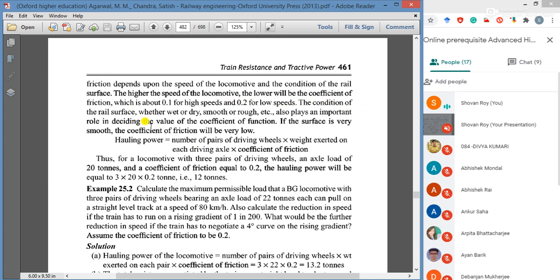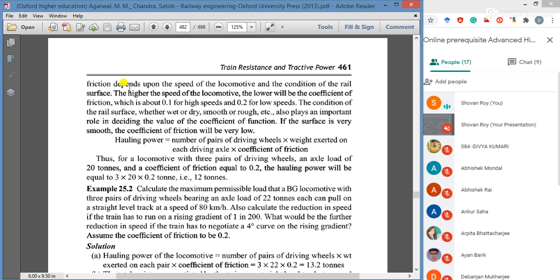The condition of the rail surface, whether wet or dry, smooth or rough, also plays an important role in deciding the coefficient of friction. If the surface is very smooth, the coefficient of friction will be very low. You can read the theory behind hauling power, but it is not important for exams.